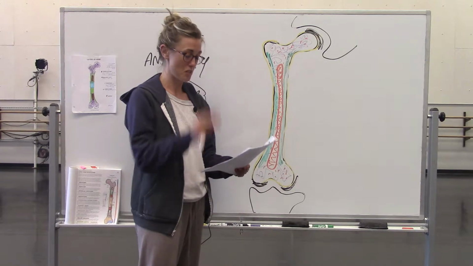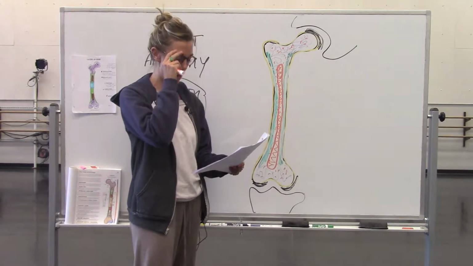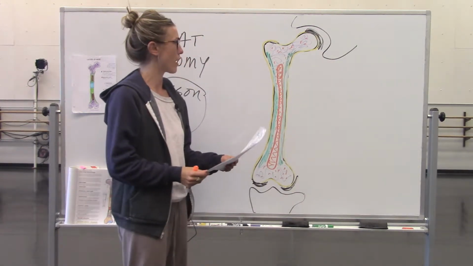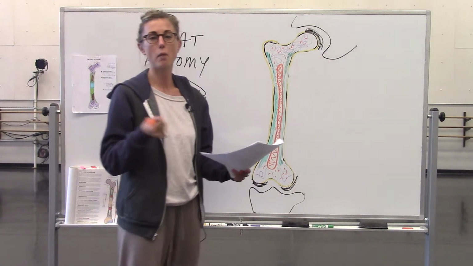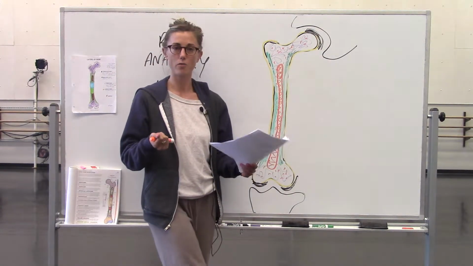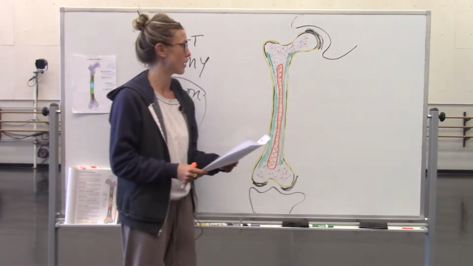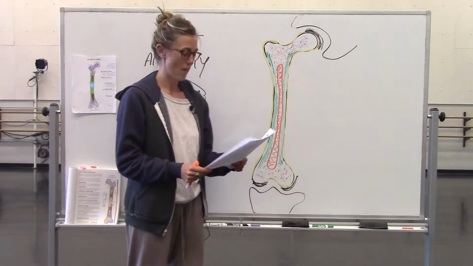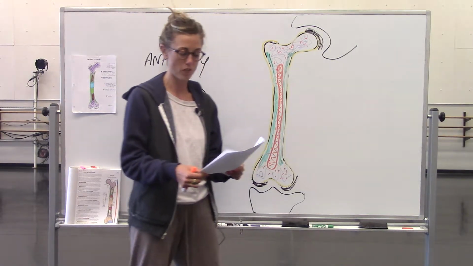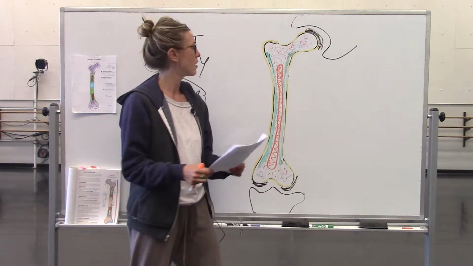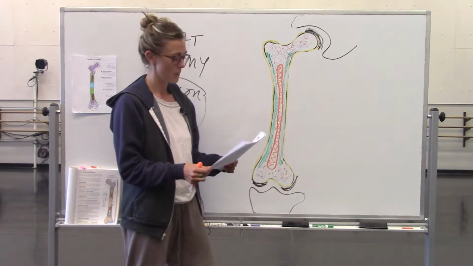But recent science shows that yellow marrow can actually turn into red marrow and make blood if the need is there, in times of increased demand for blood. Talk about being adaptable. I think that's pretty cool.